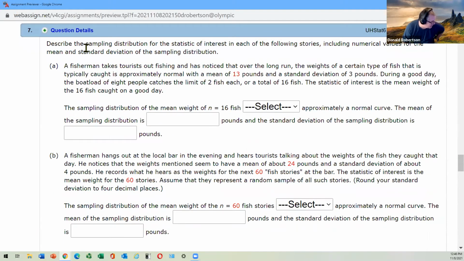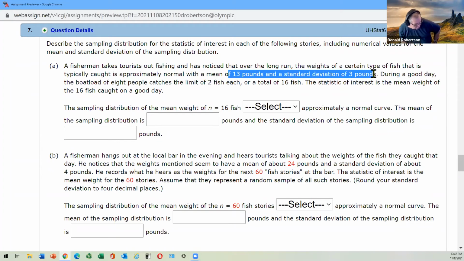Right, number 7, describe the sampling distribution for the statistic of interest in each of the following. Okay, so we got a story and we have a sample size which is far too small, but I'm not going to go there anymore. A fisherman takes tourists out fishing and he noticed that over the long run, the weight of a certain type of fish that is typically caught is approximately normal with a mean of 13 and a standard deviation of 3.